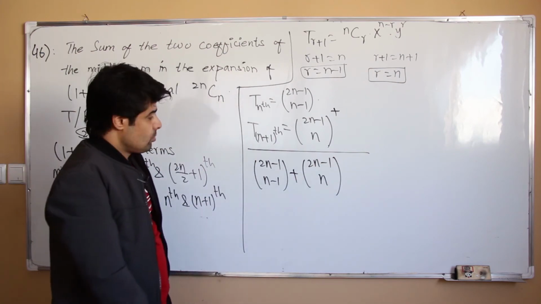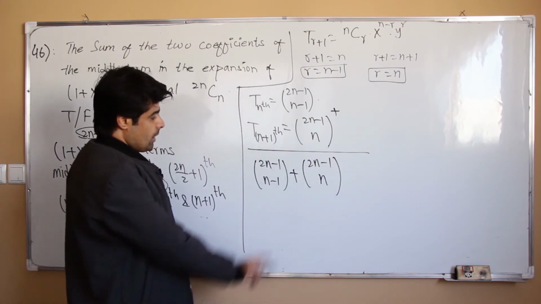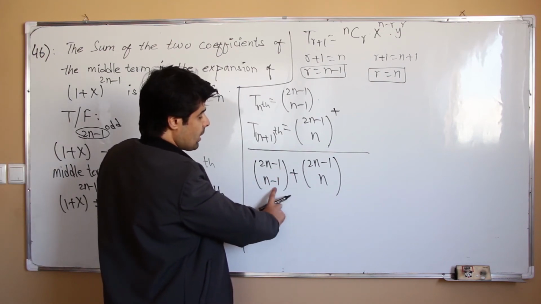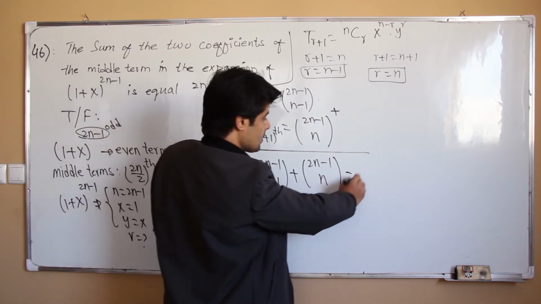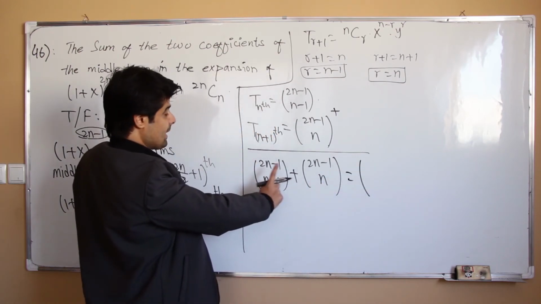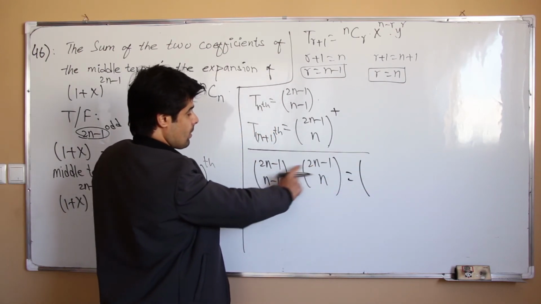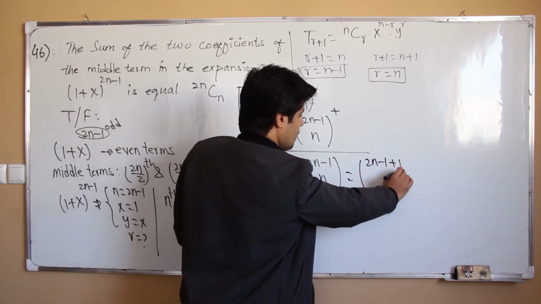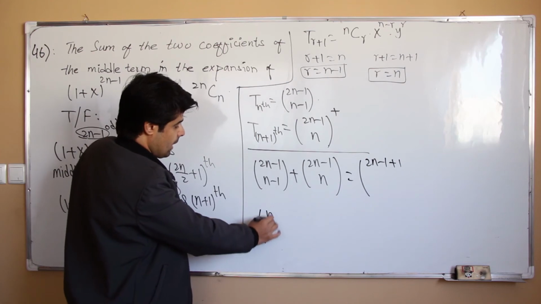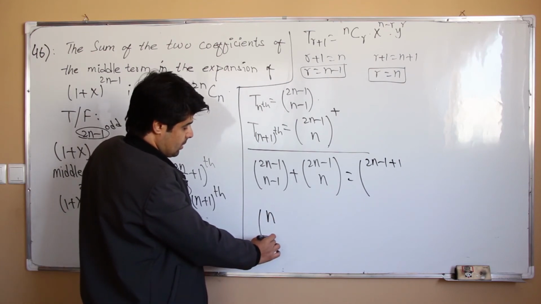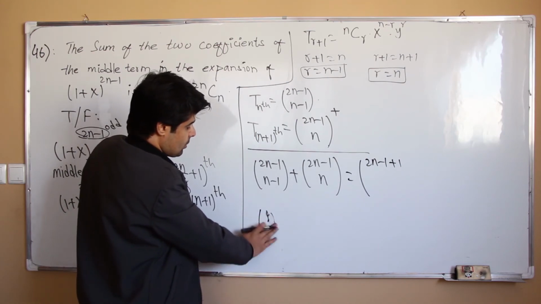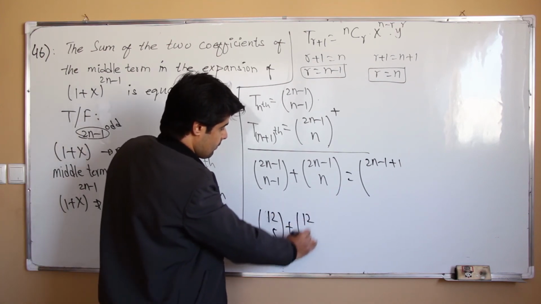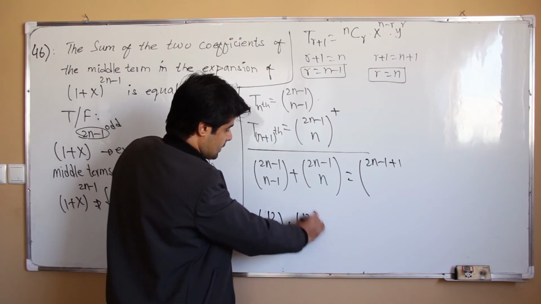Now, one thing, you know the formula from the combination. If the top numbers are the same and the difference between the r values is 1, then for the summation you have to add one to the top number, I mean 2n minus 1 plus 1. For example, 12 C 5 plus 12 C 6.